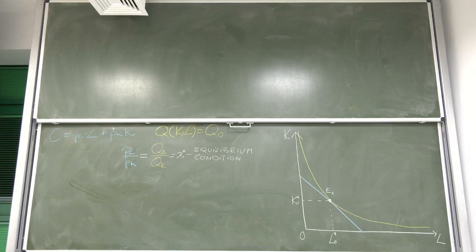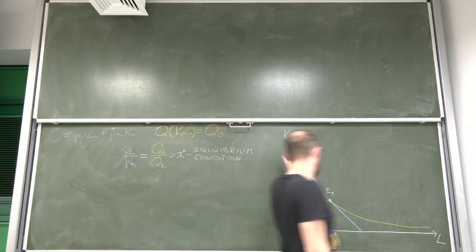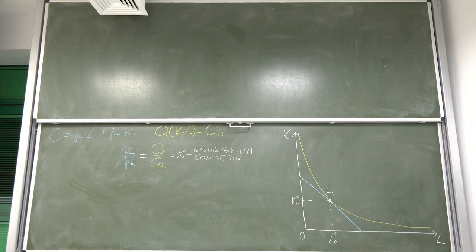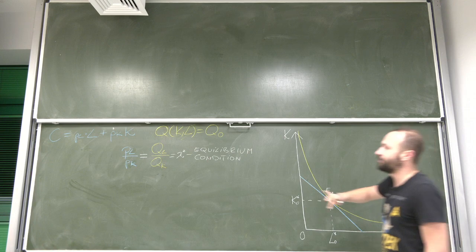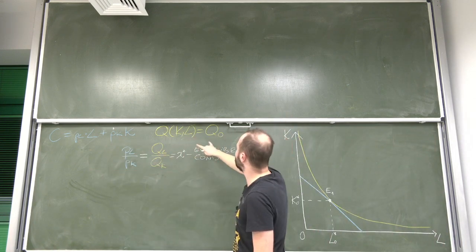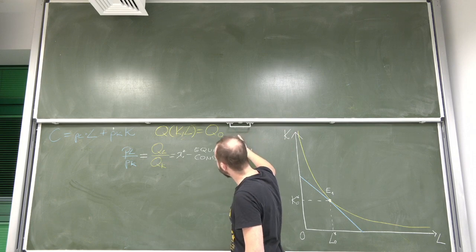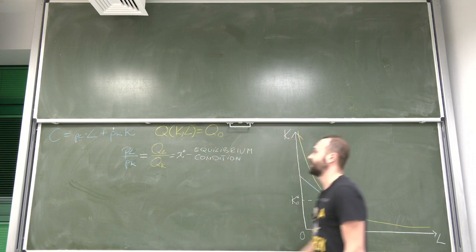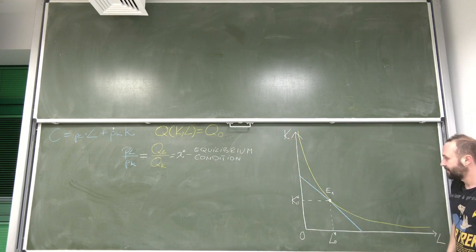Hi, in the previous video, we've learned about isoquants and isocosts and how we put them together in a problem where the company tries to minimize the cost given that they need to produce a certain amount of output, right?